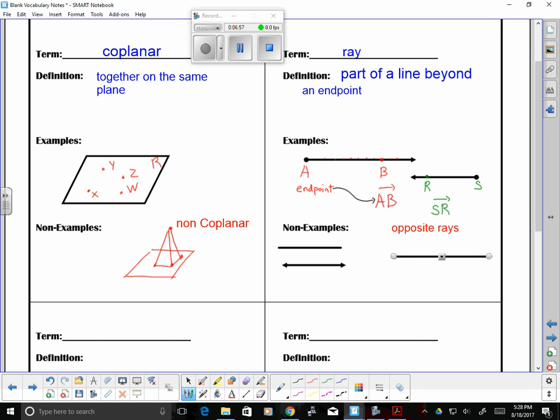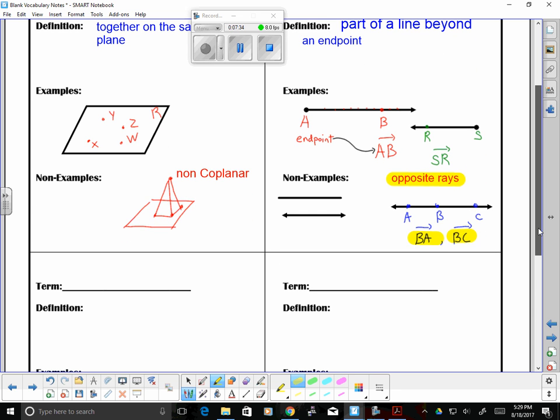But let's say, for example, that I put 3 points on here. I've got A, B, and C. So this entire line could be made up of ray BC, which goes to the right, and ray BA, which goes to the left. Those two rays are what we call opposite rays. BA and BC are opposite rays. They form a straight line when we put them together.